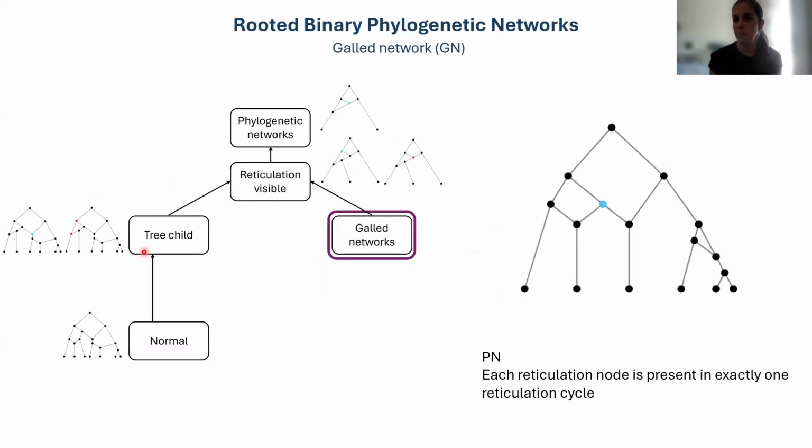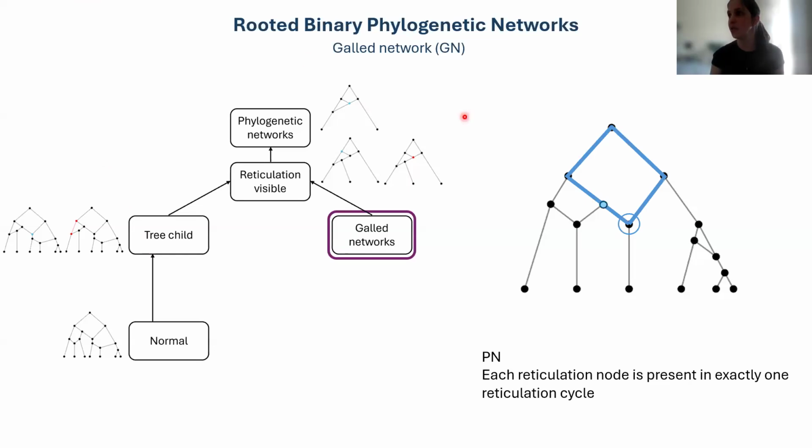Another popular type of phylogenetic network are Gal networks. And these are phylogenetic networks with the additional property that each reticulation node is present in exactly one reticulation cycle. So for example, this node is present in only one reticulation cycle, and they are distinct from tree-child networks.